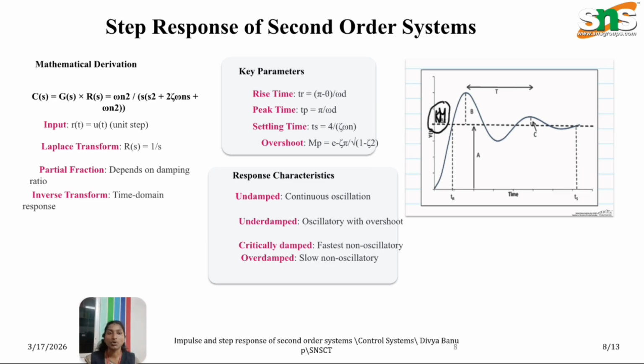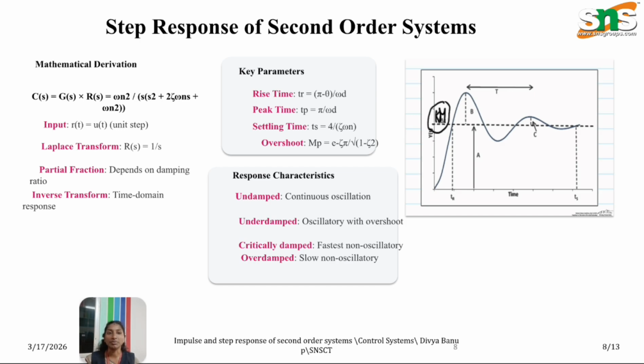Coming to the step response of second order system. The mathematical equation we have considered is omega n square by s into s square plus 2 del omega n s plus omega n square, where the input is r of t, and when we take the Laplace transform it becomes 1 by s. We then use partial fractions and inverse transform to get c of t. The key parameters are rise time, peak time, settling time and overshoot.